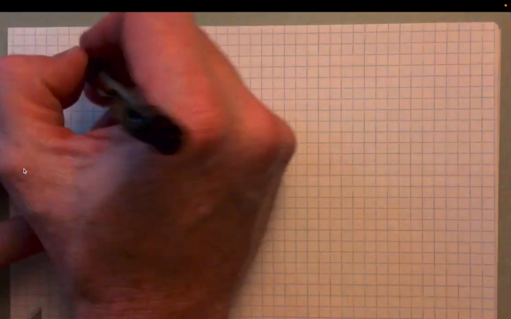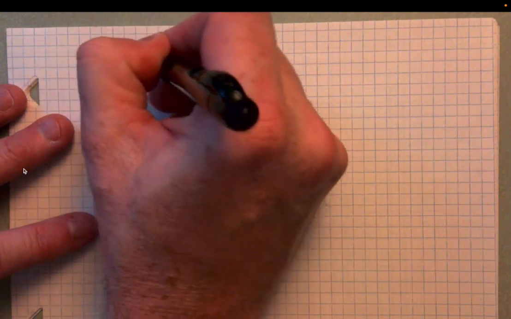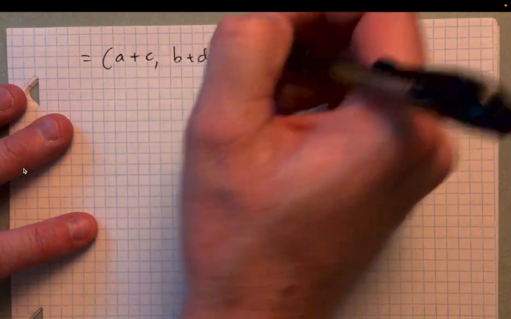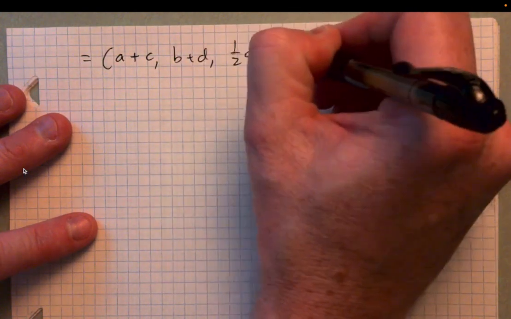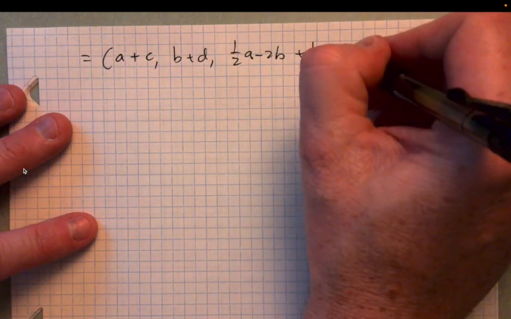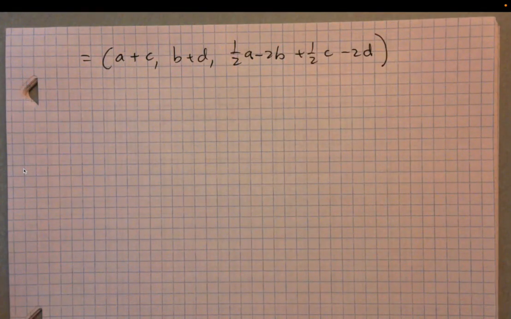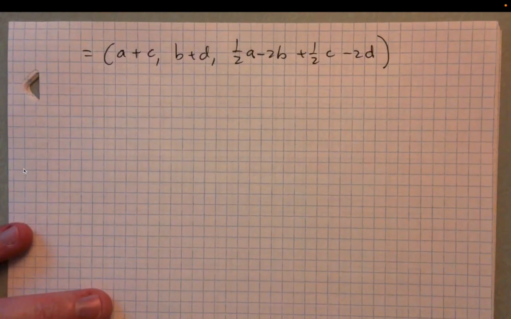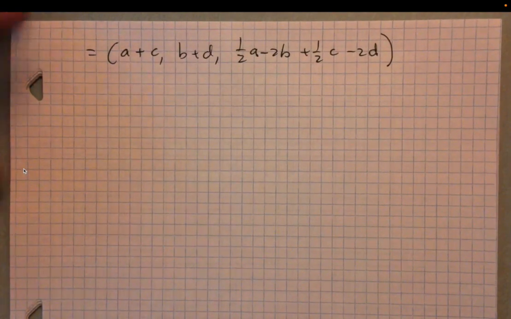Okay, so that's equal to A plus C, B plus D, and then 1/2 A minus 2B plus 1/2 C minus 2D. All right, so just getting rid of the parentheses and flipping a couple signs because we're subtracting.